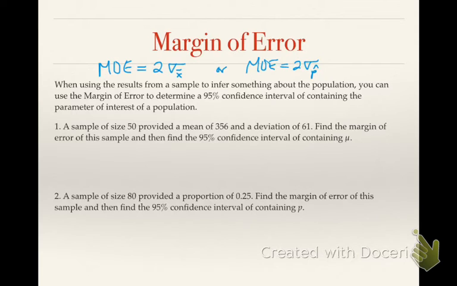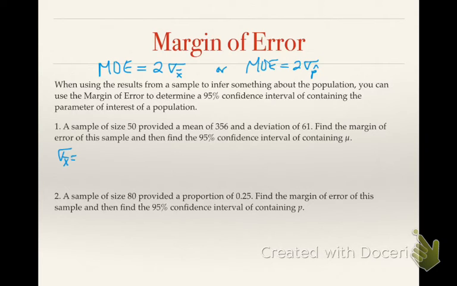Sample size 50 provided a mean of 356 and a deviation of 61. Find the margin of error of the sample and then find the 95% confidence interval containing the mean of the population, mu. So I got to find the standard error, or the standard deviation of the sample means.